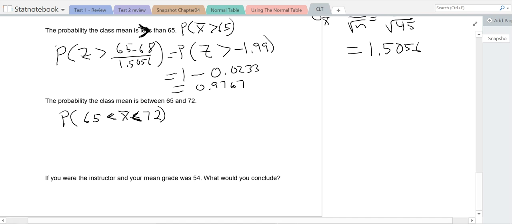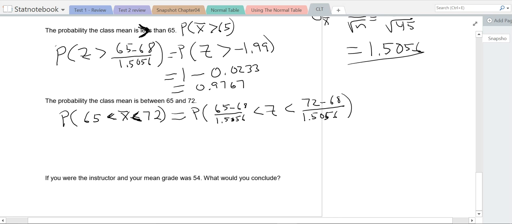Well, once again, we can utilize the central limit theorem and look up the probability that z is greater than 65, subtract the mean, 68, divided by standard deviation, and z less than 72, subtract the mean, divided by the standard deviation. It's supposed to be a 72, okay? All right, there it is right there, okay?